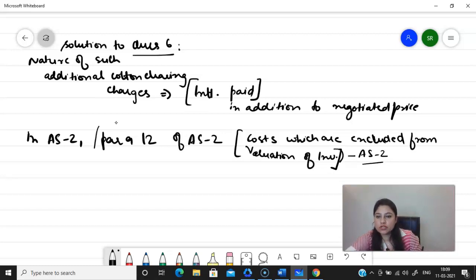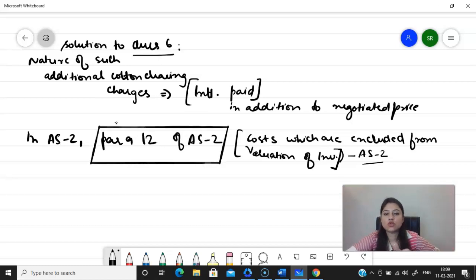So this para 12 of AS2, you can just remember that such para 12 belongs to the costs which will be excluded from the cost of inventory while we are valuing such inventories as per accounting standard 2. And in those costs, there are abnormal costs or interest cost or any charges which are not directly related to the stock valuation would be excluded from such inventory valuation.